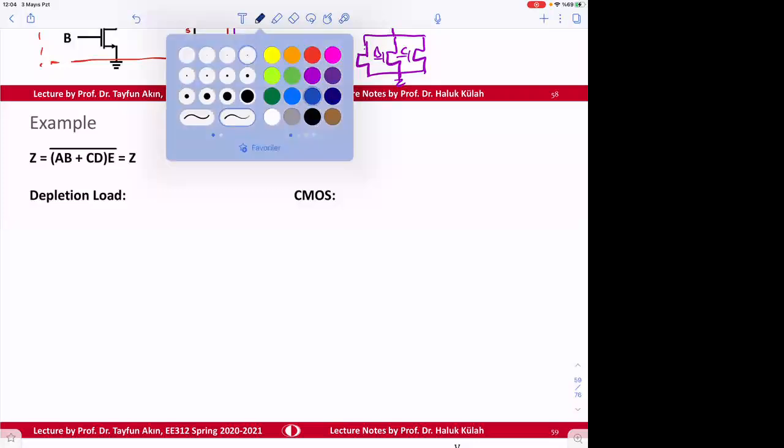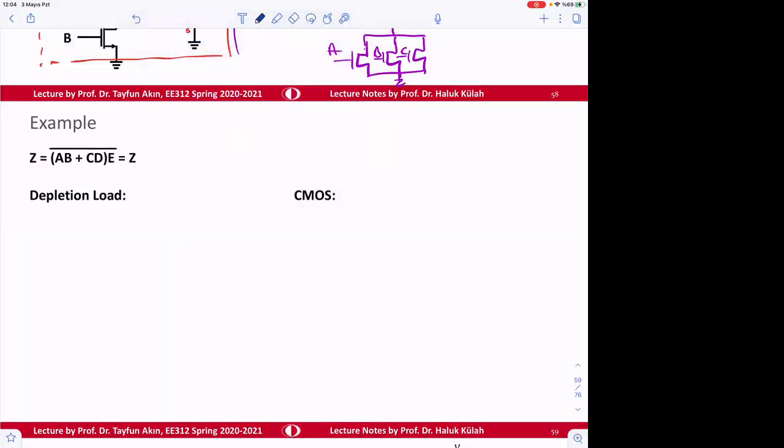Okay, so A and B, A and B, or C and D, and E is the AND block. So we need to make the P block for this.